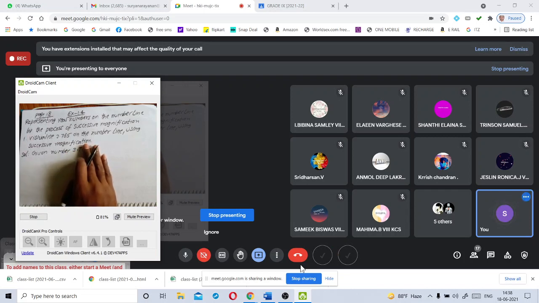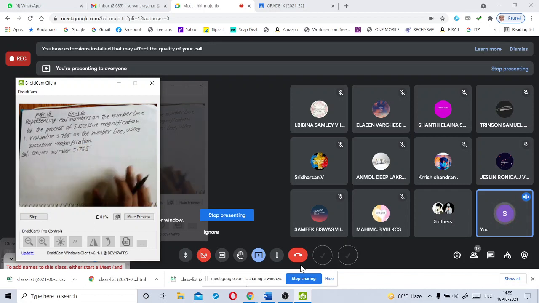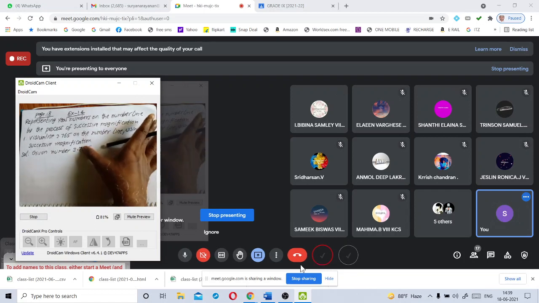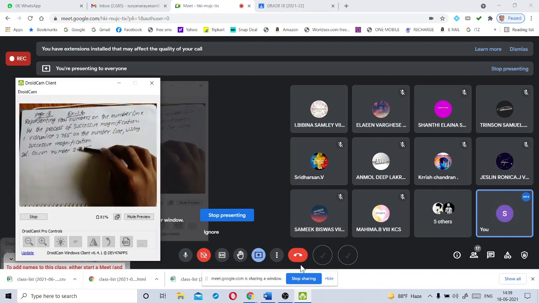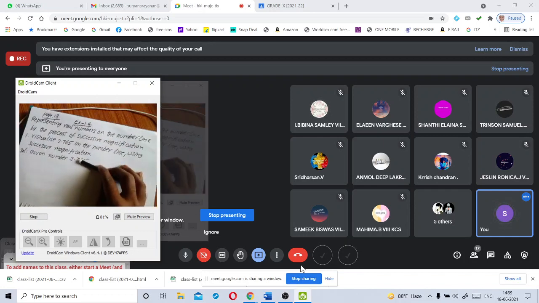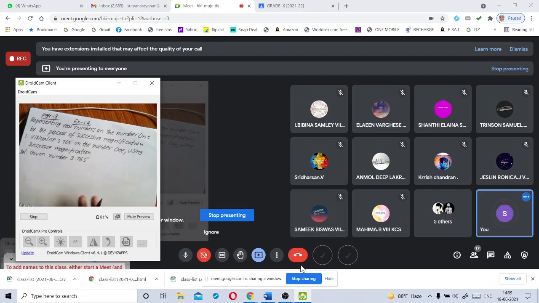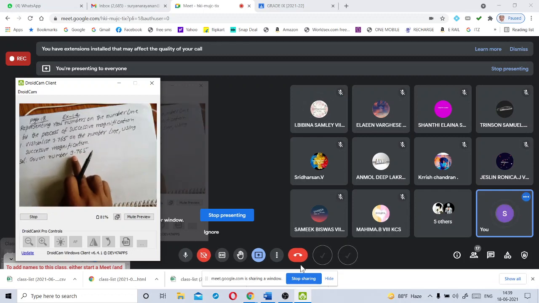After closing the remaining part of this number, I have taken only the whole number part and the first decimal point. Then what will we get? So 3.7. Yes, 3.7.